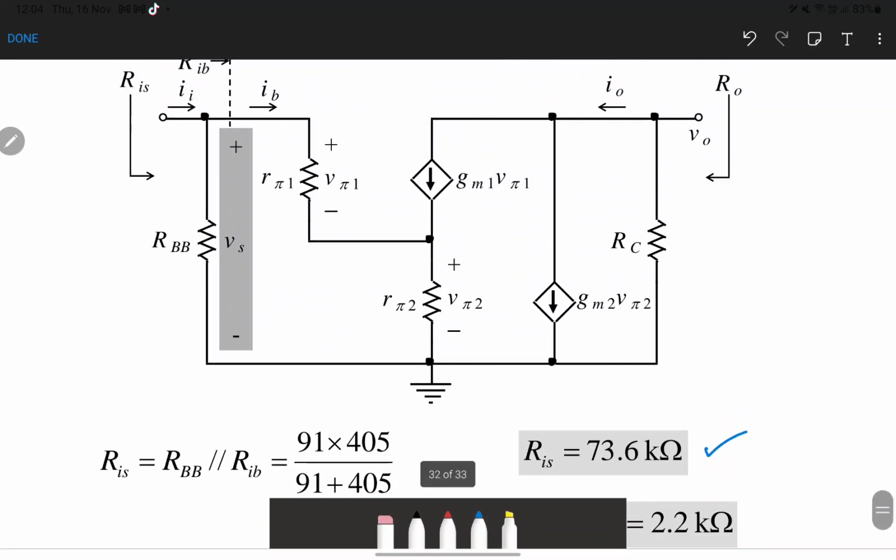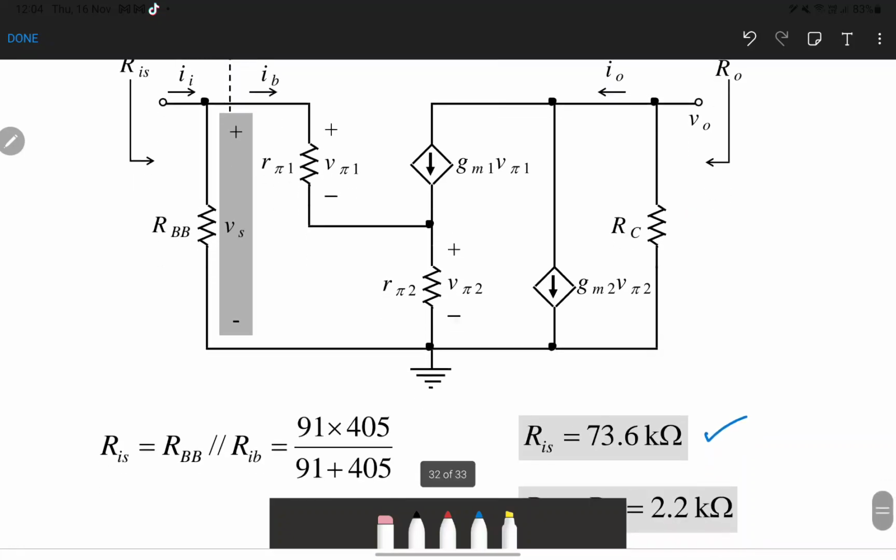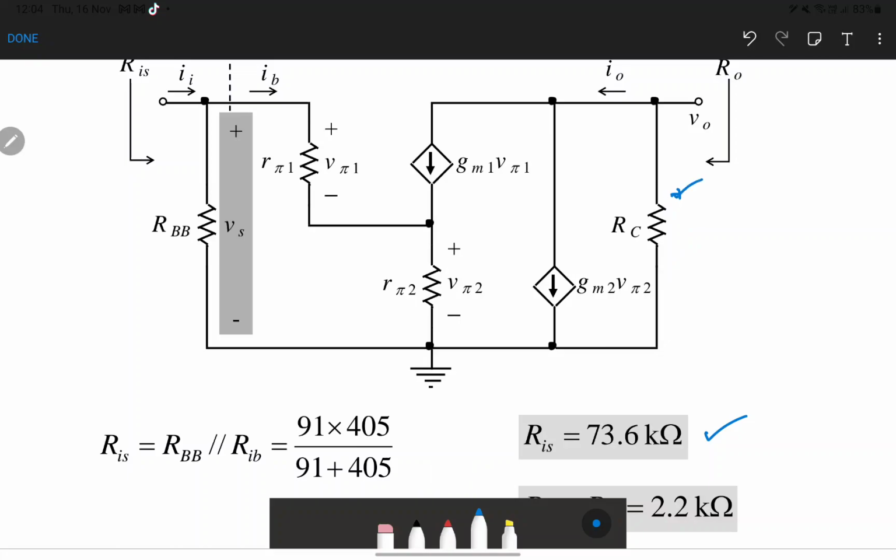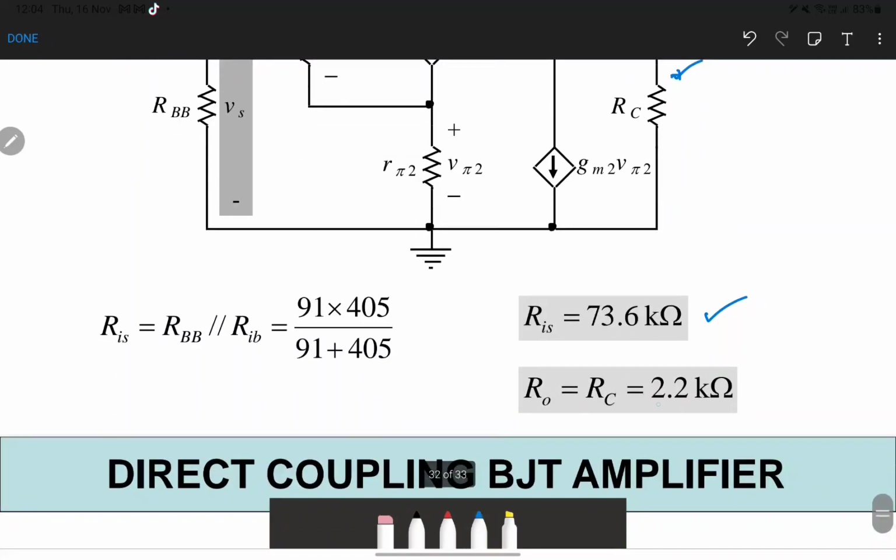And for the output impedance or output resistance, located here, we only have RC, so Rout is equal to RC, so Rout equals 2.2 kilo ohm.